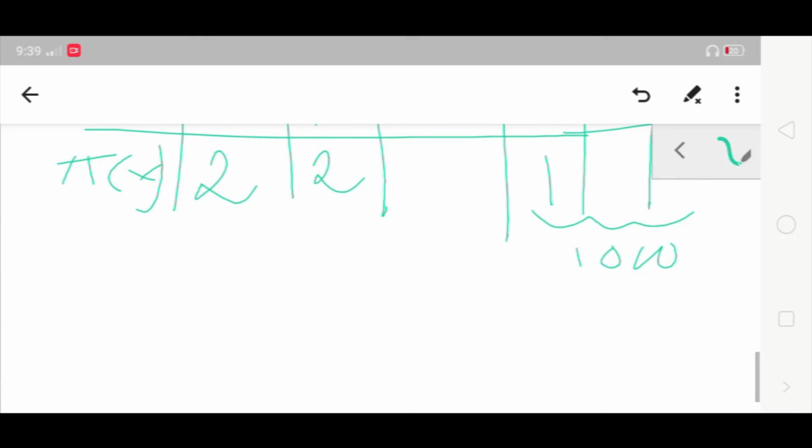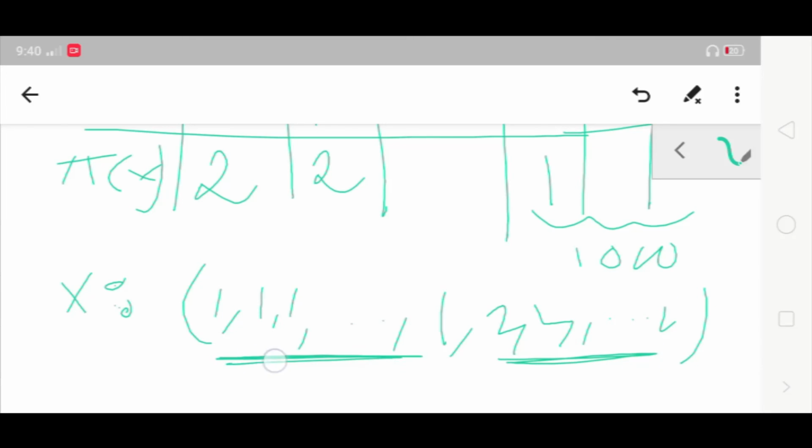Now it obviously follows the condition given in the problem. So in this case x is something like this: 1, 1, 1, dot dot dot, 1, 2, 2, 2. Here we get 1,010 ones and 1,010 twos.